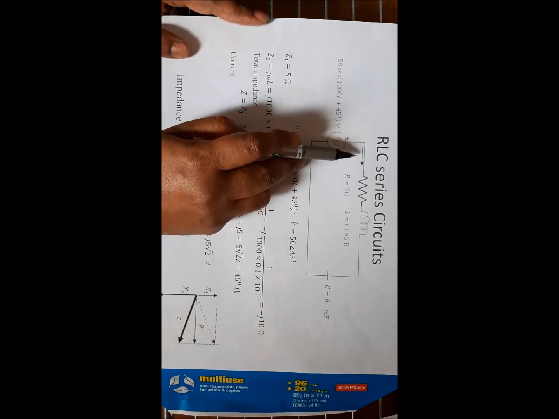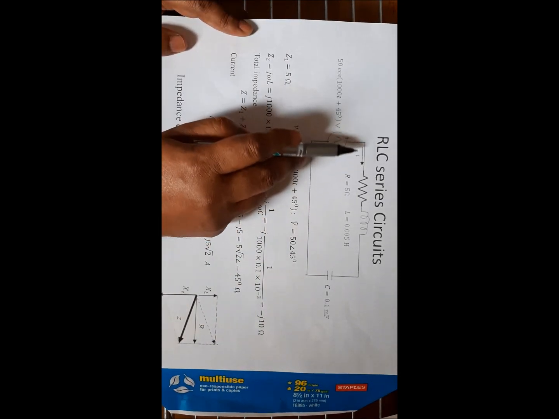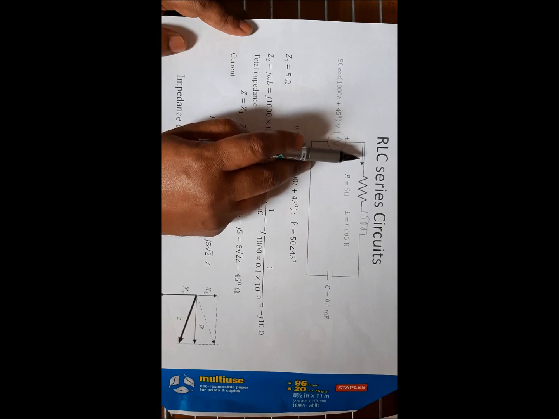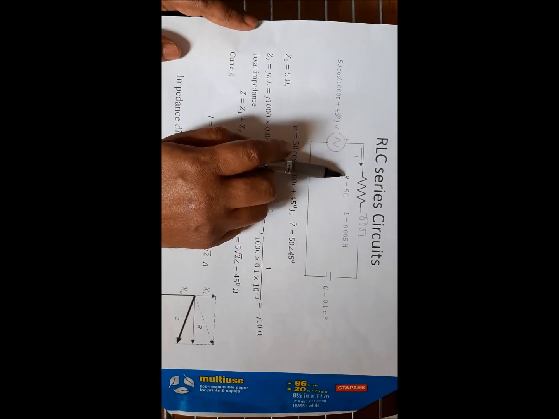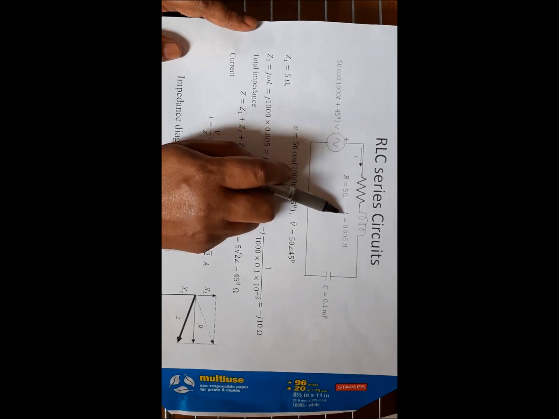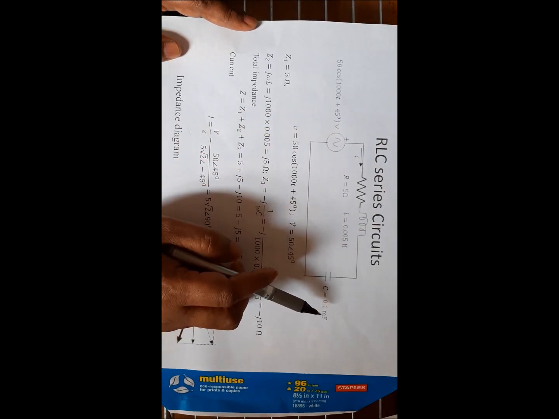Let me start. At first we have to convert the circuit to the frequency domain. So I convert this voltage source, and I convert this resistance, inductance and capacitance into the frequency domain.